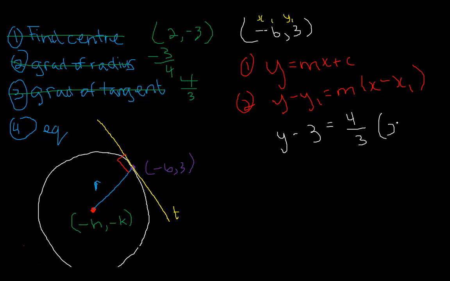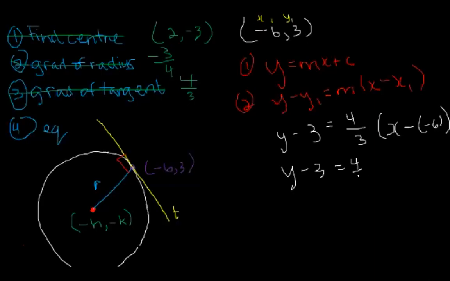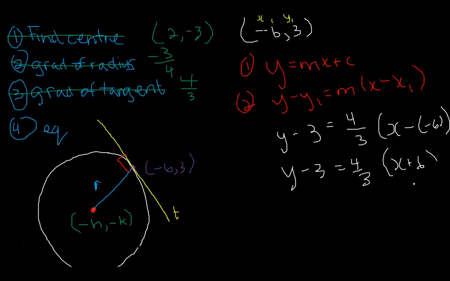In brackets, you put back x, and then minus x1. We know x1 is -6, so that's -6. Don't let that trick you. Y minus 3 is equal to 4/3 x minus, and a minus is a plus, so this becomes x plus 6.